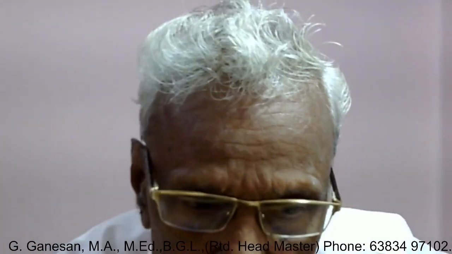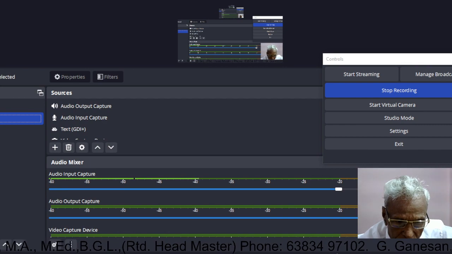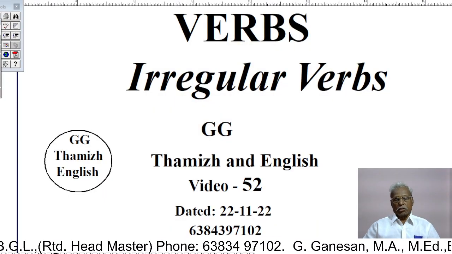Let us see how they form their present participle, past tense and past participle. Irregular verbs.